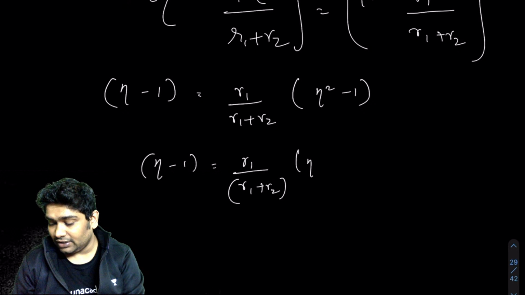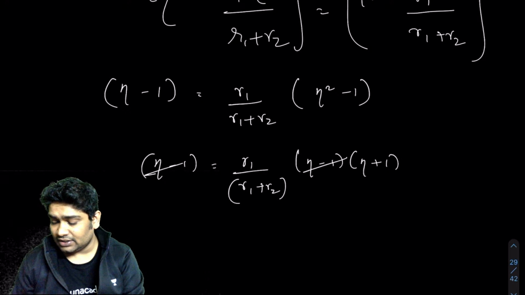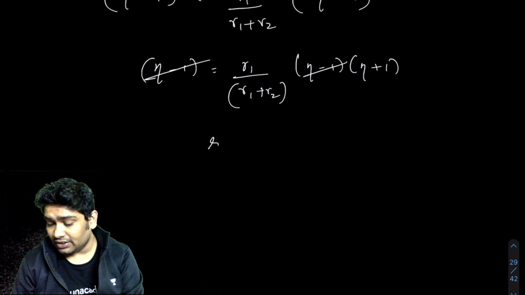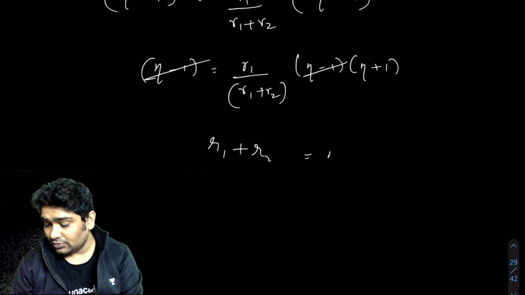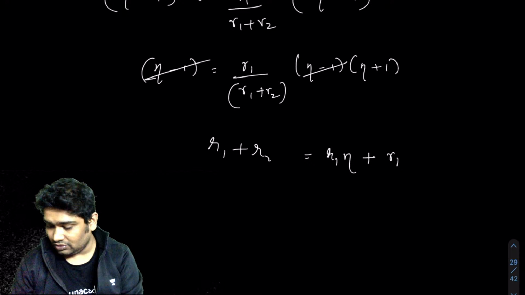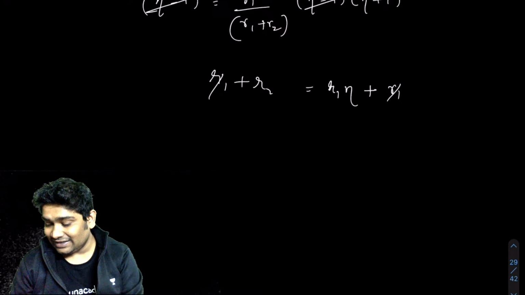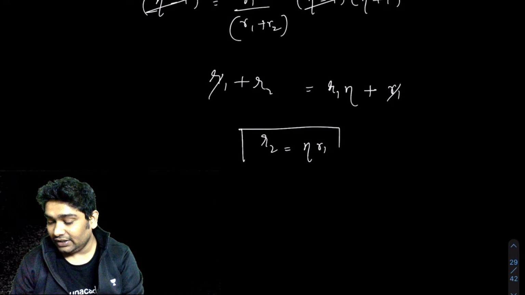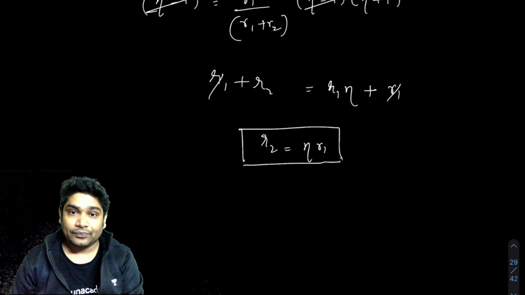This I can write as (eta minus 1)(eta plus 1). This and this get cancelled. What I'm getting is R1 plus R2 equals R1 plus eta R1. What I get is R2 equals eta R1. That is the relation that I got.